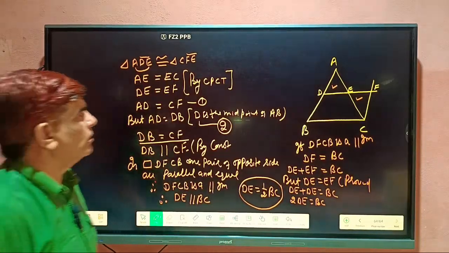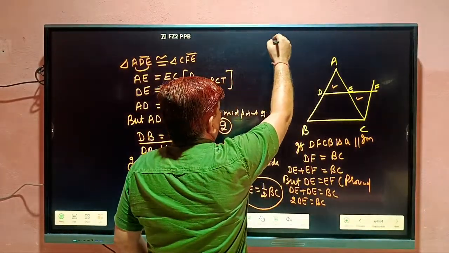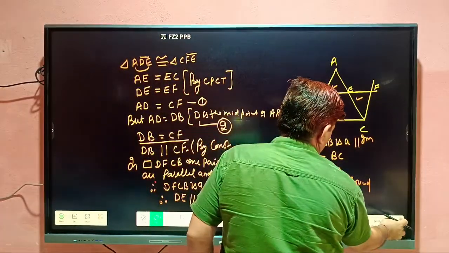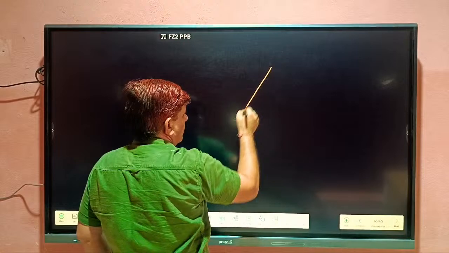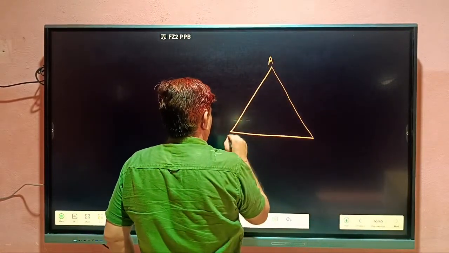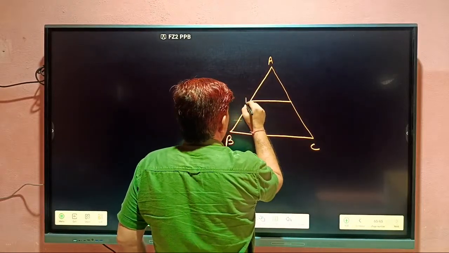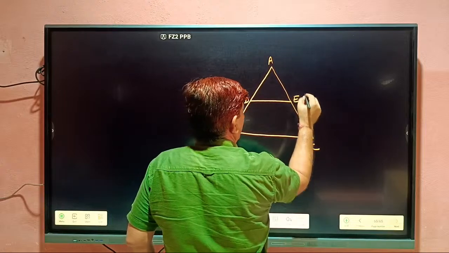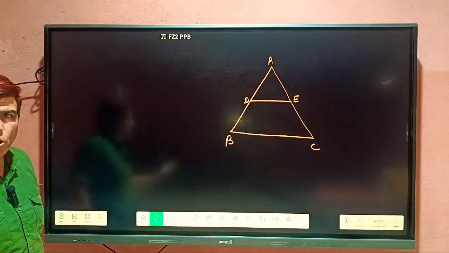So what does the BPT theorem say? If we are having this triangle ABC, and this is DE. Understood? Got it?